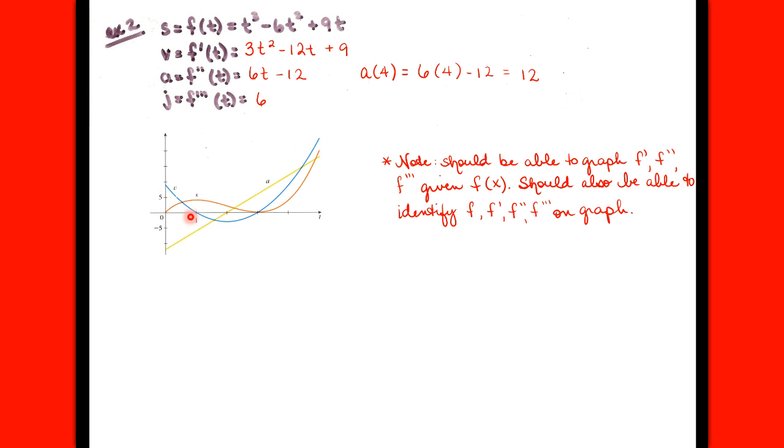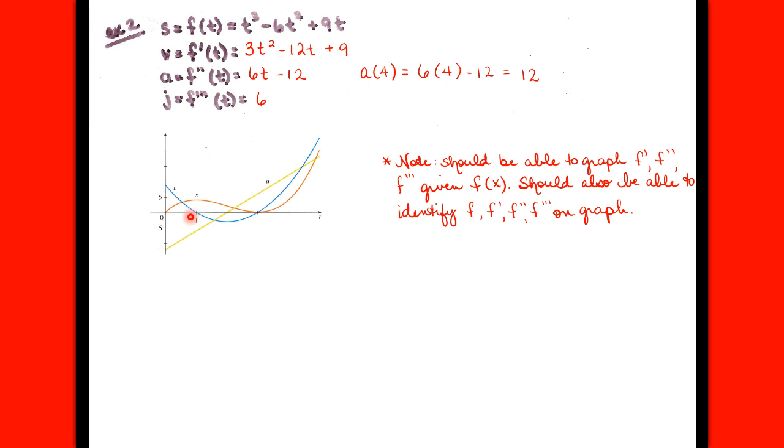The particle is also speeding up when the velocity is negative, meaning it's going backwards, and it's decreasing. That would be when velocity and acceleration are both negative. So in other words, the particle speeds up when the velocity and acceleration have the same sign because the particle is being pushed in the same direction it's already moving. But the particle will slow down when velocity and acceleration have opposite signs.